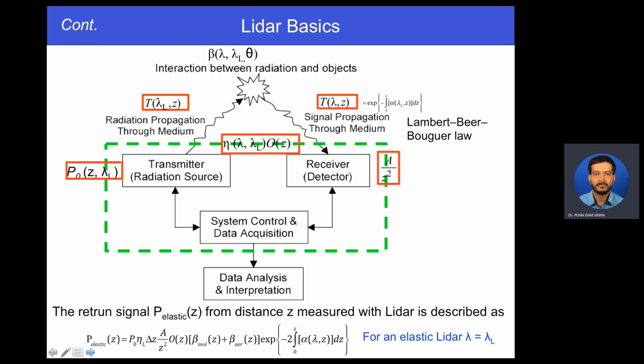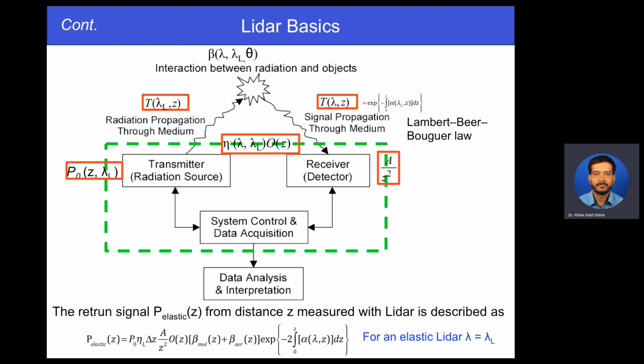So this is the received power. This is basically a block diagram for a generic lidar system, but I'm writing the equation for an elastic lidar, for which the transmitted and received signal have the same wavelength.